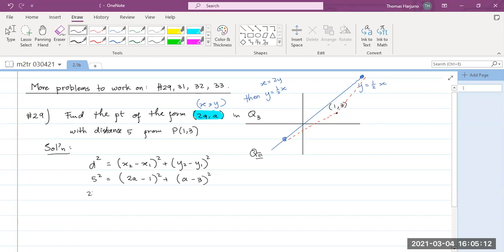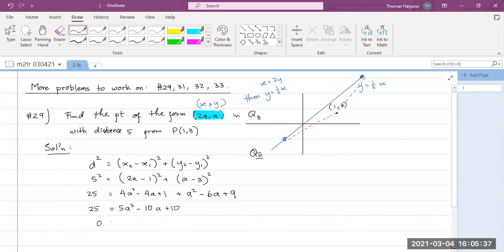So I get 25 equals 4a squared minus 4a plus 1 plus a squared minus 6a plus 9. Okay, 25 equals 5a squared minus 10a plus 10.